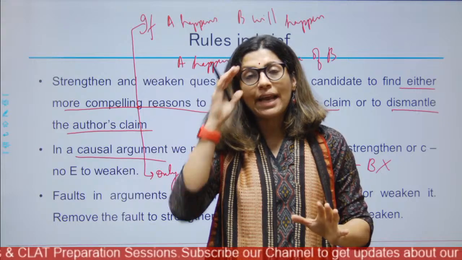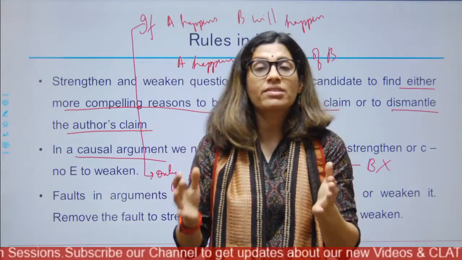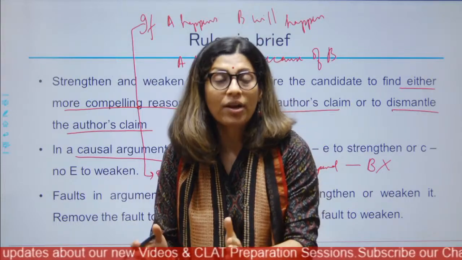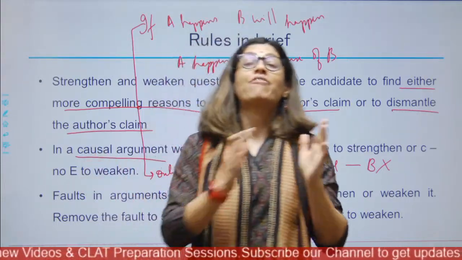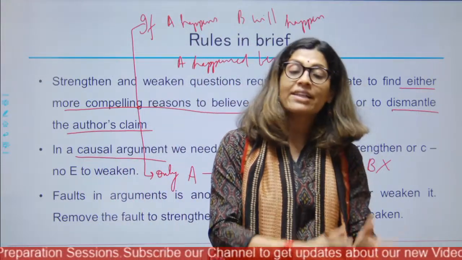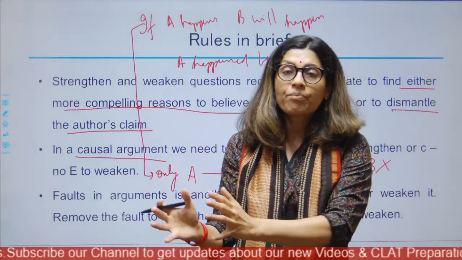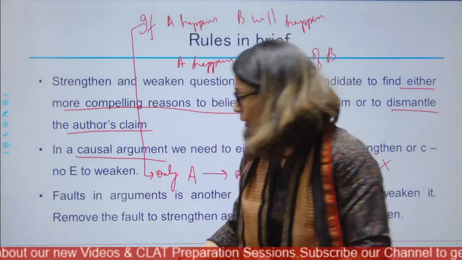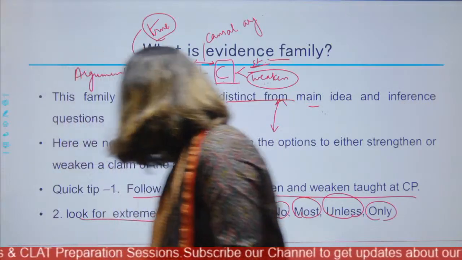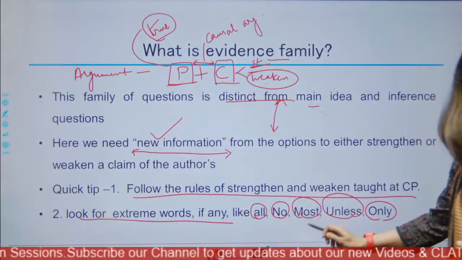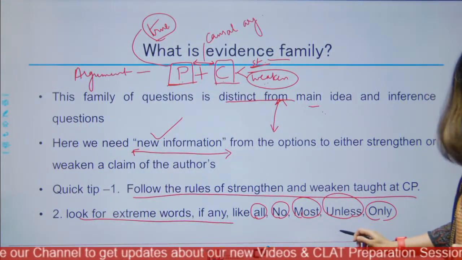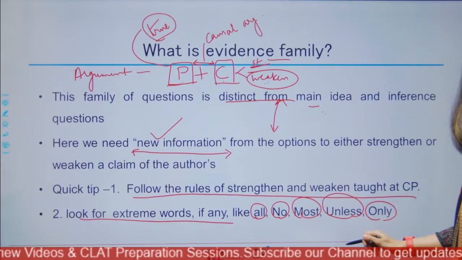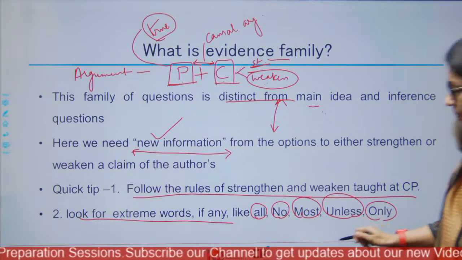So in causal claims, I have to break up the cause-effect relationship, or I have to show that the cause-effect relationship does not exist if I have to weaken, and if I have to strengthen, I have to show either A always leads to B or only A leads to B. Remember the keywords that I showed you in the previous slide? All, no, only, unless. This is where I use these keywords. Right?